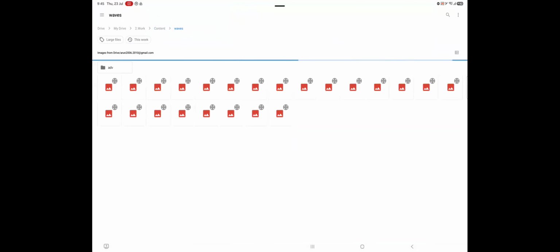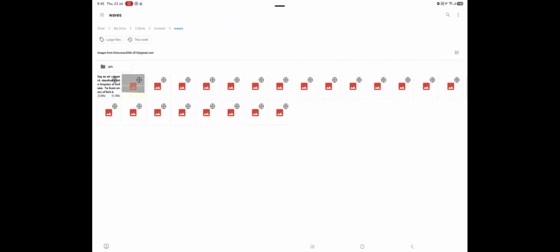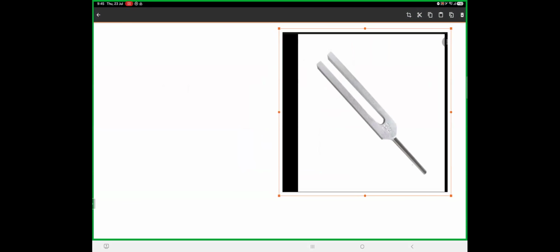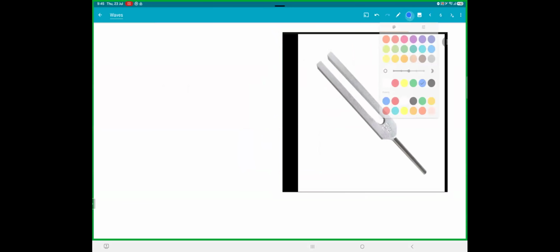I'm sure you must have seen it in the lab. This is how a tuning fork looks like. If you take these two ends as A and B, these are called prongs. These are the prongs of a tuning fork.